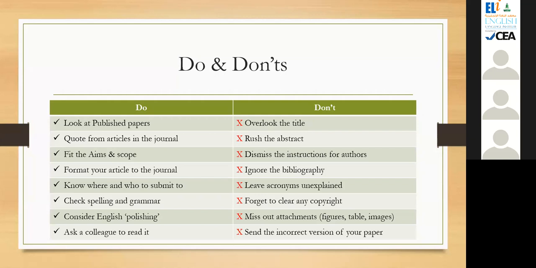Let's go to the don'ts. Don't overlook the title. The title is very important, and I will talk about it in a minute. The title should be specific, okay? Not very, very specific, but specific enough to know what this research is about, okay?